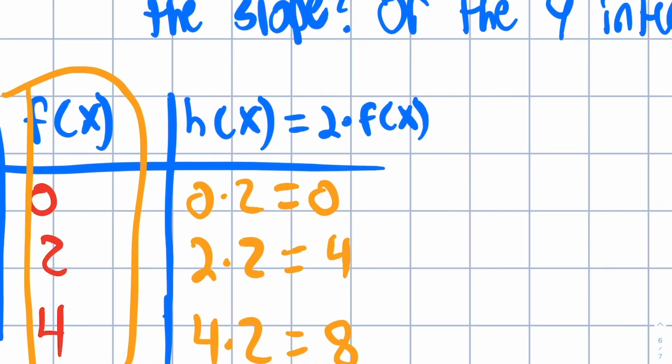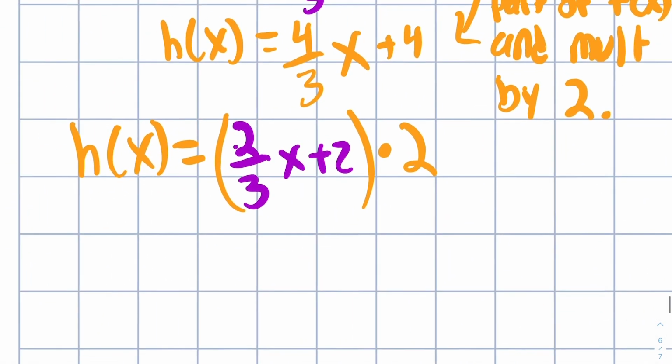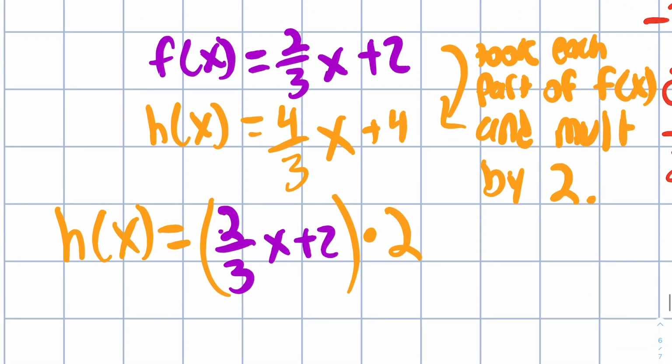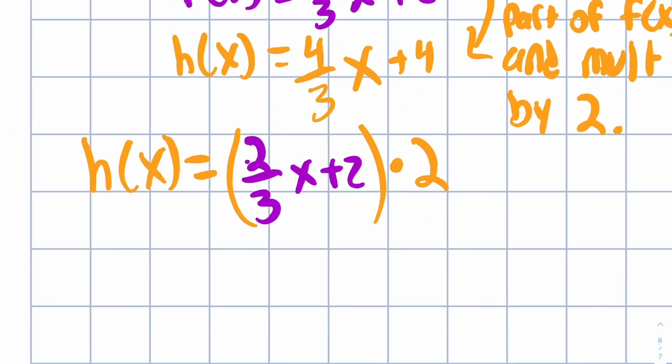That's what the rule at the start said. This was just a lot more neat. This says we took everything on f and we multiplied it by a factor of 2. These equations, they were the long way of doing it, but that's how you would say h of x equals twice f of x.